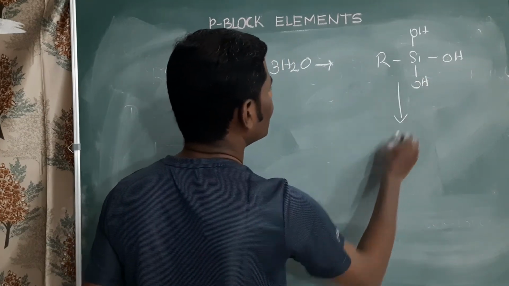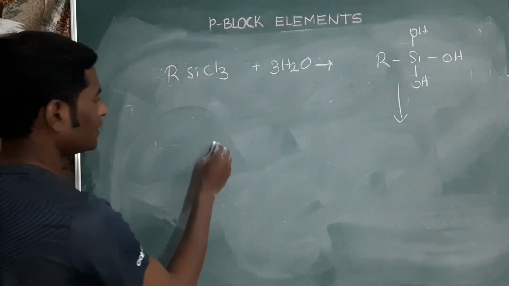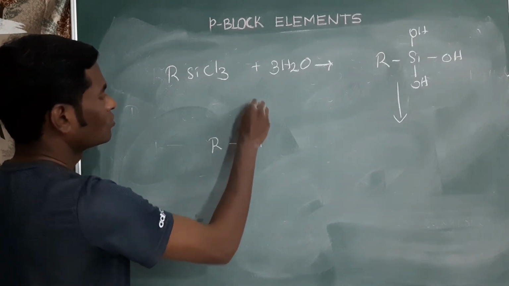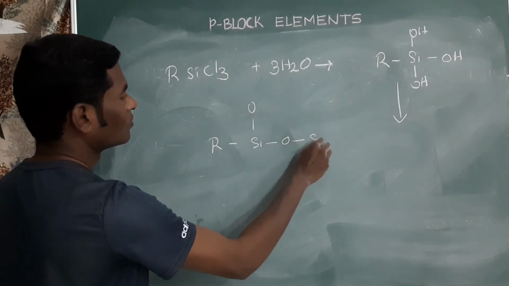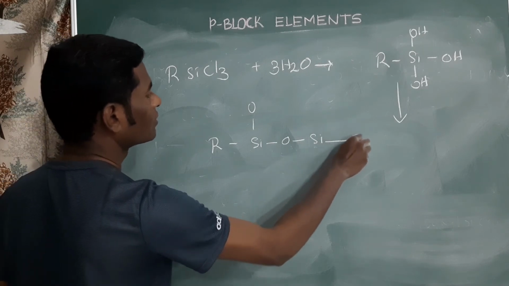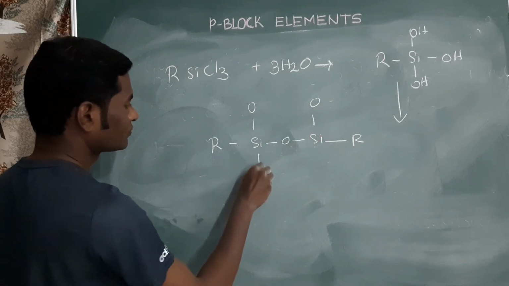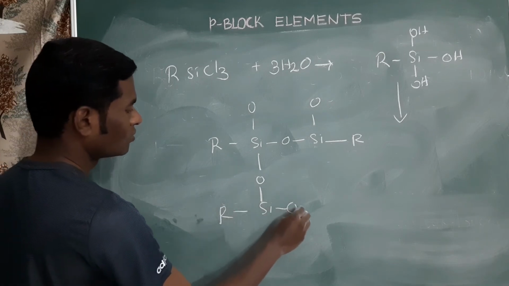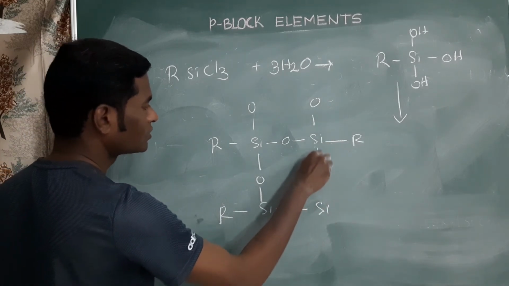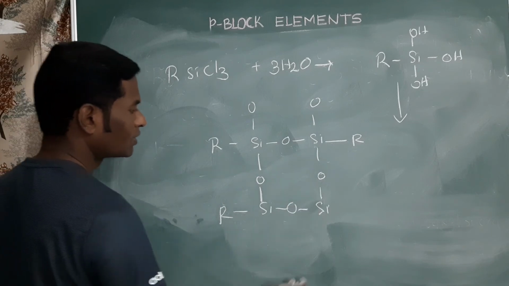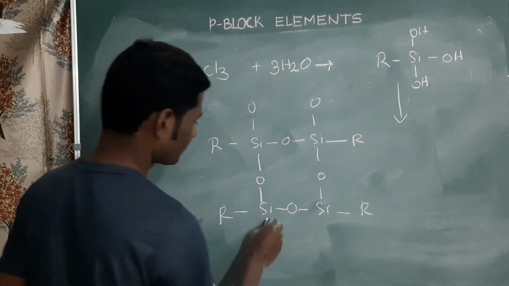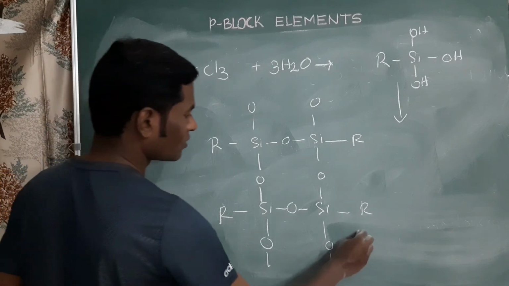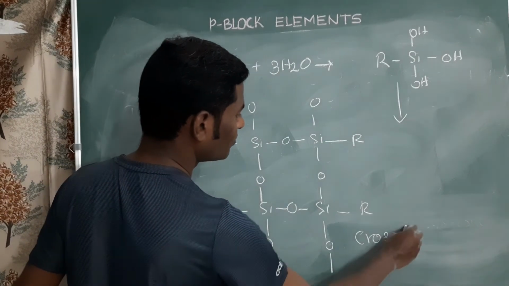We will get a cross-linked polymer like this, with Si-O-Si linkages. These two silicons are bonded through oxygen. This polymer is called a cross-linked polymer.